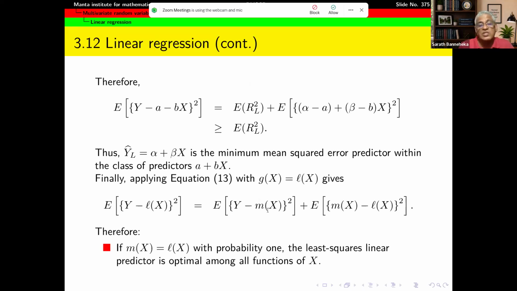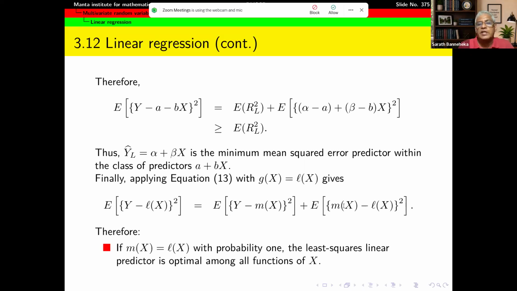where m(x) is the conditional mean of y given x. This is the least squares linear predictor. So if m(x) is equal to l(x), this term will be 0. In that case, the least squares linear predictor is optimal among all functions of x.